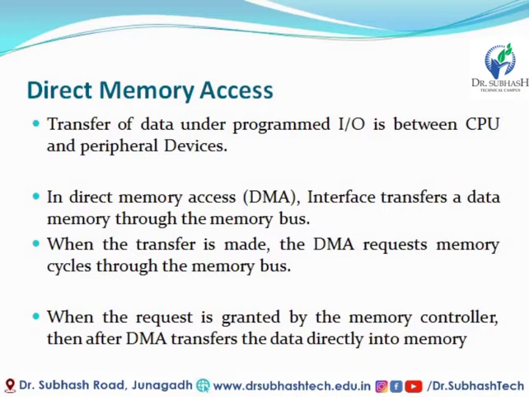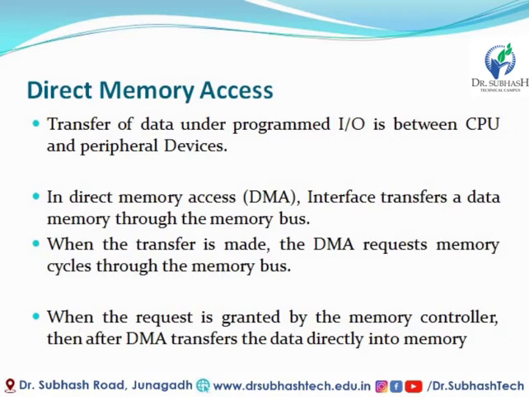The transfer of data under programmed I/O is between the CPU and peripheral devices. In DMA, the interface transfers the data to memory through the memory bus. When the transfer is made, the DMA requests a memory cycle through the memory bus.